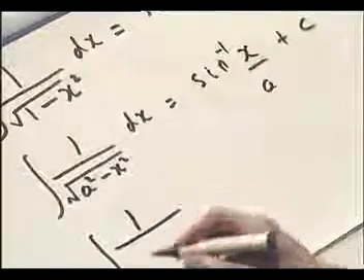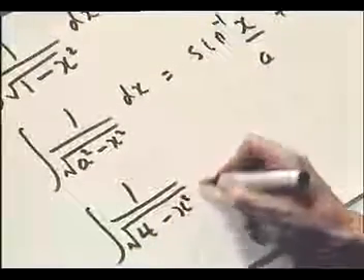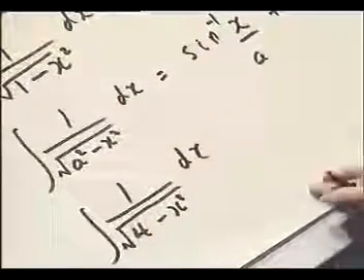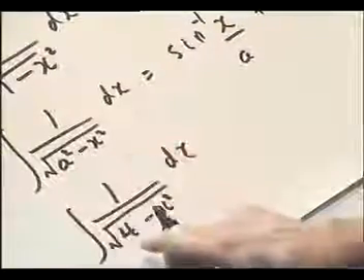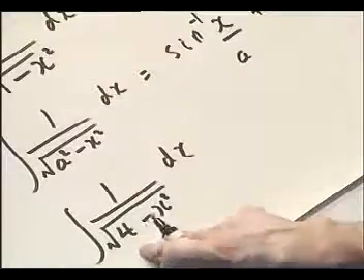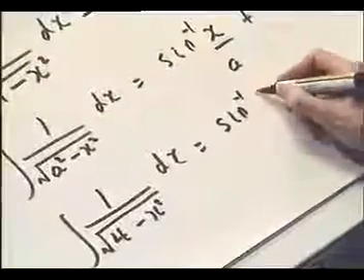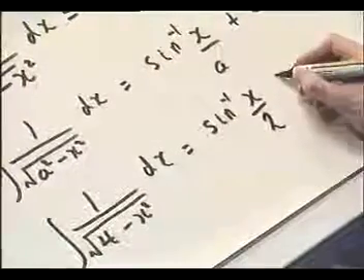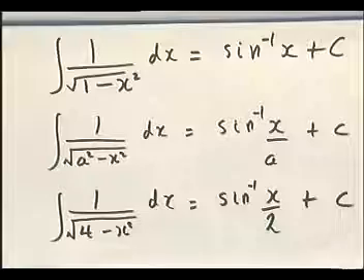Let's take a straightforward one, 1 over the square root of 4 minus x squared. Now we can identify the 4 with the a squared, so it's fairly clear that a must be equal to 2. So we end up with sine to the minus 1 of x over 2 plus c, the constant of integration.